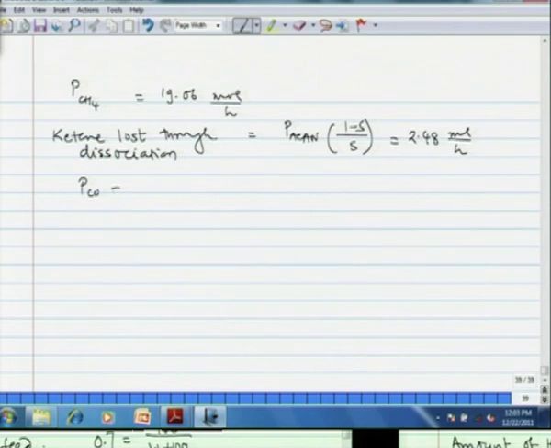Production rate of carbon monoxide will be same as this due to stoichiometry, 2.48, and the production rate of ethylene will be half of this, again due to stoichiometry.